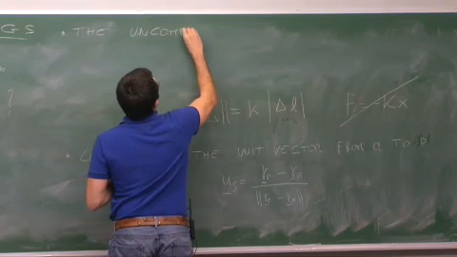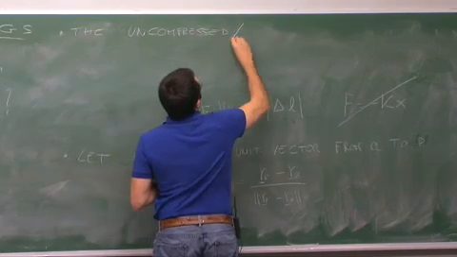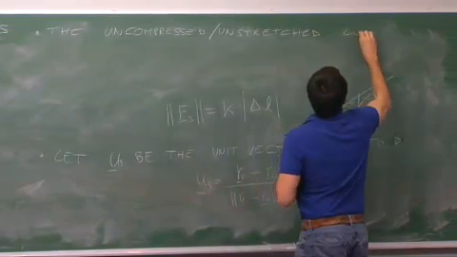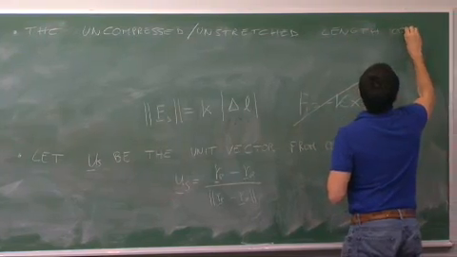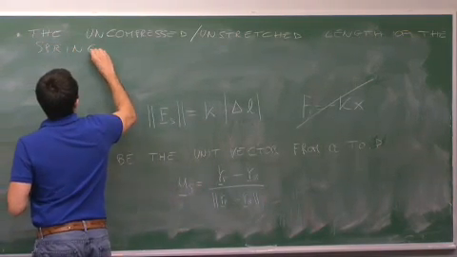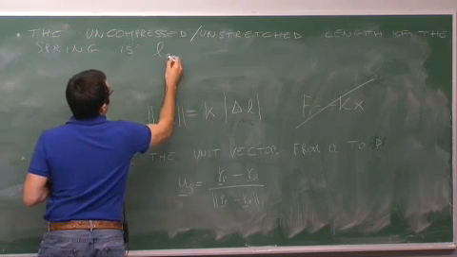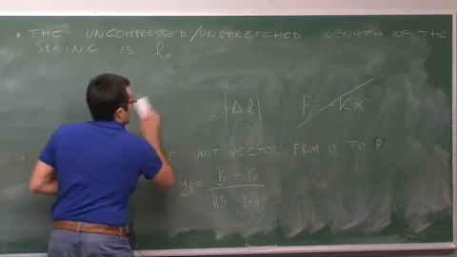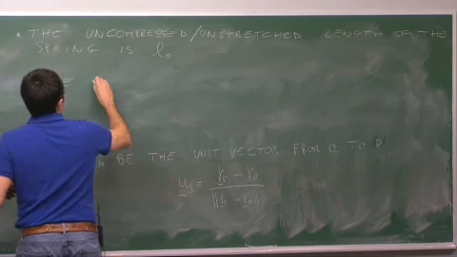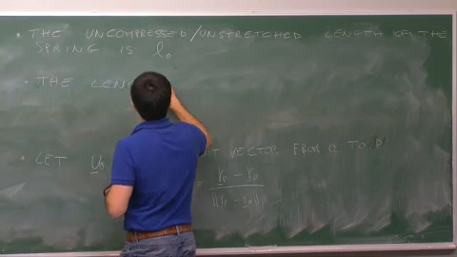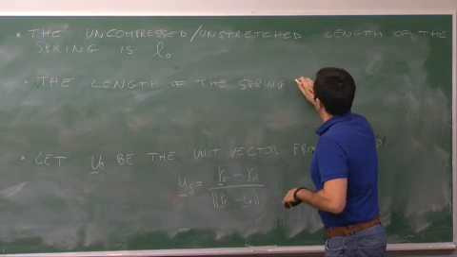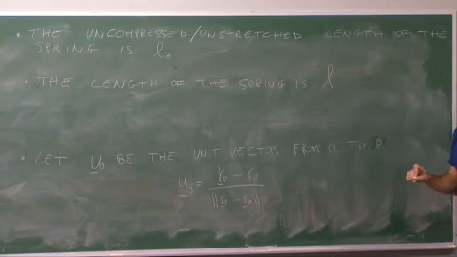Uncompressed or unstretched length of the spring is a given length, we call it L0, and then the actual length of the spring, so at any time that can change, of course, we call it L. What is L?